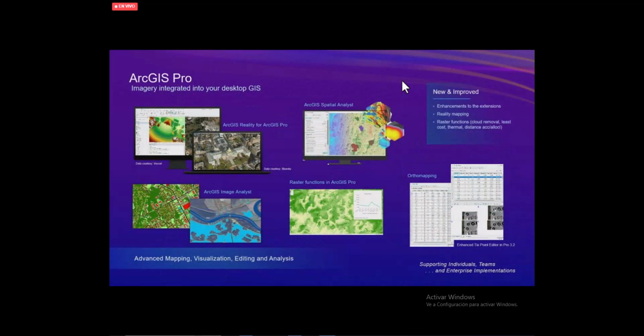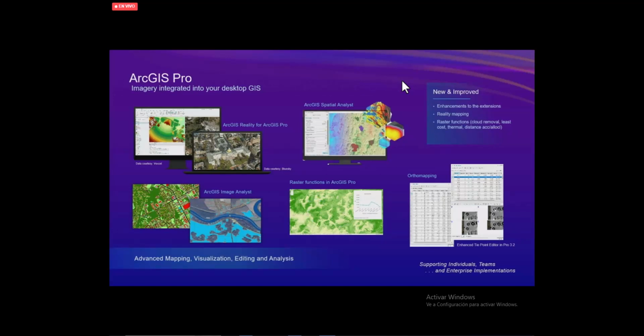Focusing in on ArcGIS Pro as a product suite, these are the flavors. We talked about reality. Image Analyst is where the majority of the functionality that we're going to talk about falls. But you have access to raster functions, as well as, if you're familiar with another extension, ArcGIS Spatial Analyst, which is another complementary product.